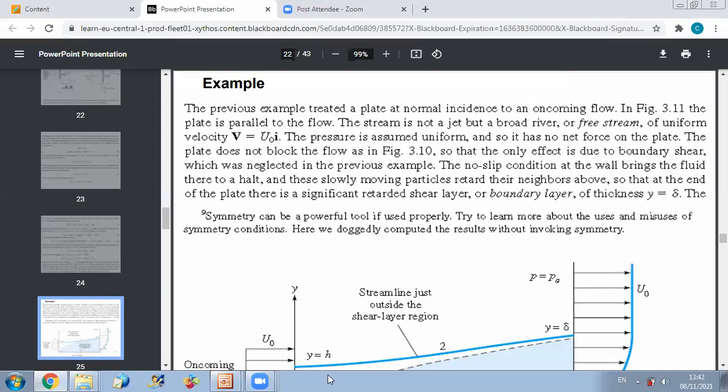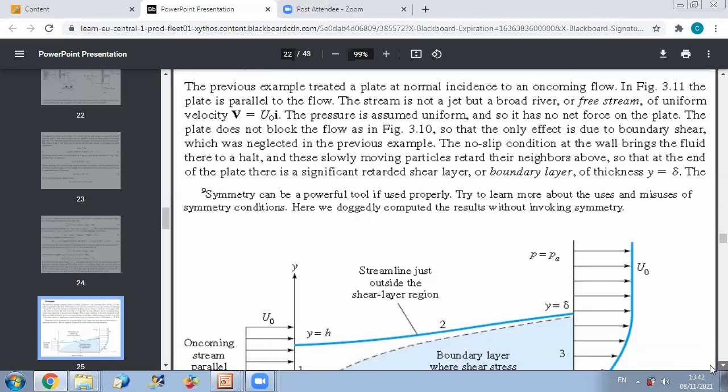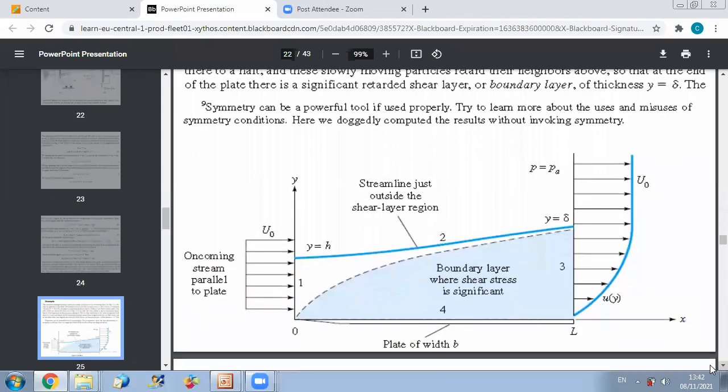Now, what we want to do in this problem, to summarize and simplify, is we have a flow moving over a fixed wall. Initially the flow was uniform.